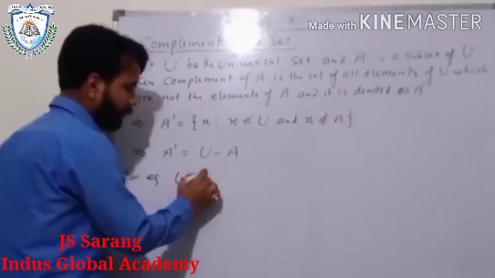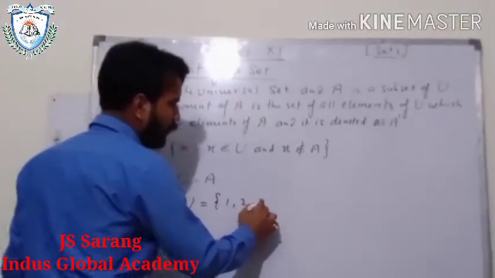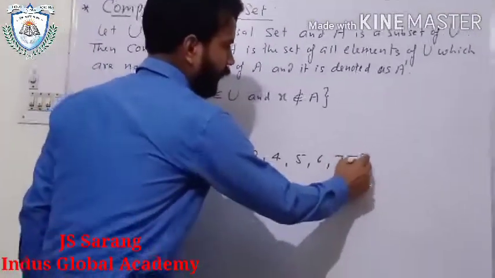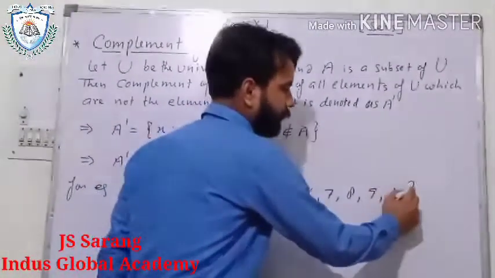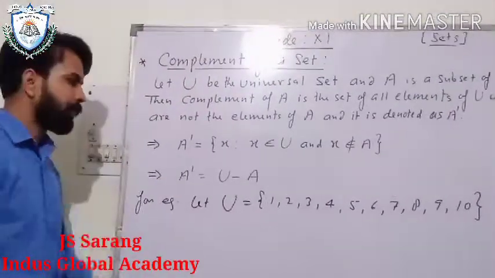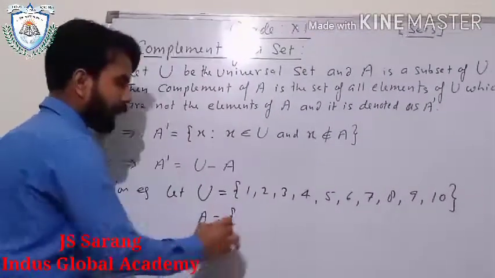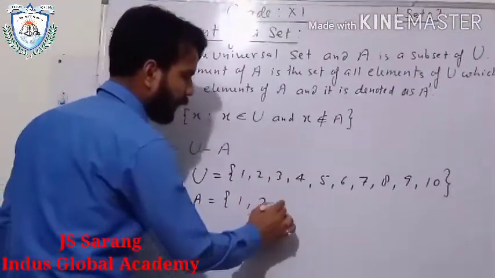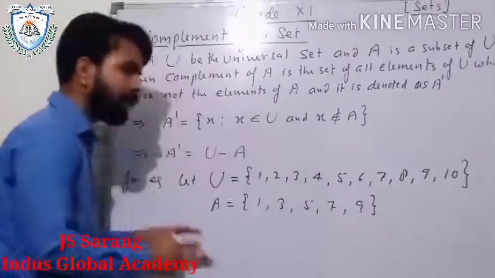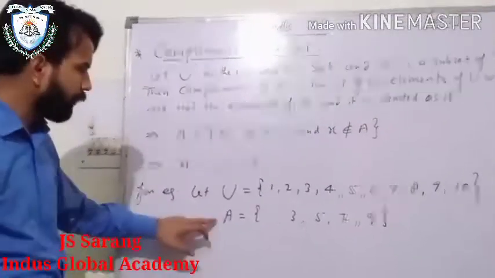Let the universal set be 1, 2, 3, 4, 5, 6, 7, 8, 9, 10. This set is considered as the universal set. And there is another set A, that is 1, 3, 5, 7, 9. The question is asking: what is the complement of A?